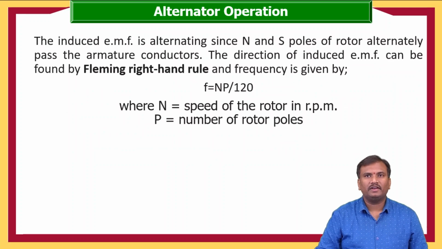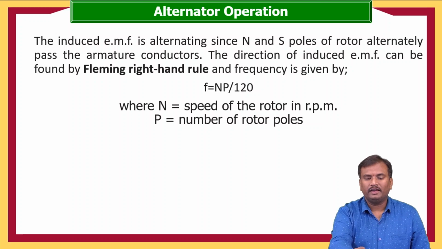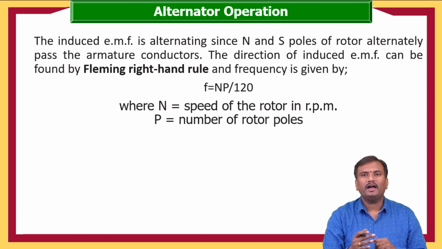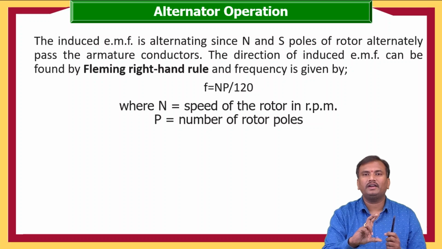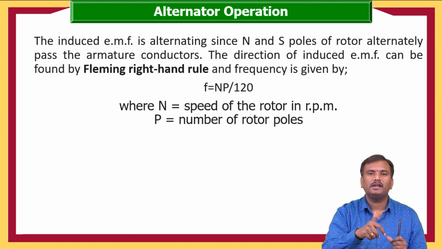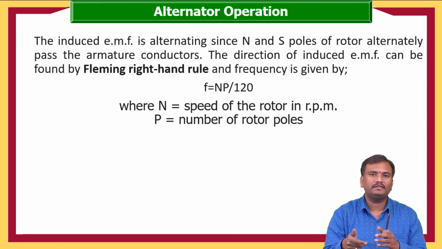And the frequency is given as here. According to Faraday's law, the induced EMF is alternating since the north and south poles of rotor alternatively pass the armature conductors, because here the rotor is rotating. So every time whatever the flux which is changing, that is corresponding to during one period, in the half cycle one will be north pole, and in the next half cycle it is under the south pole.